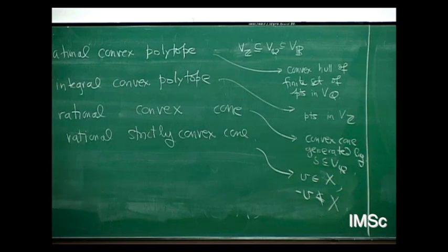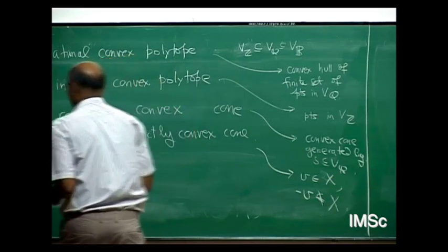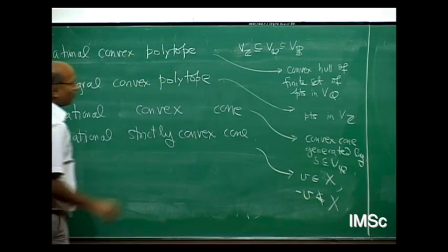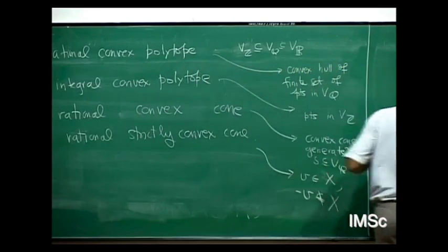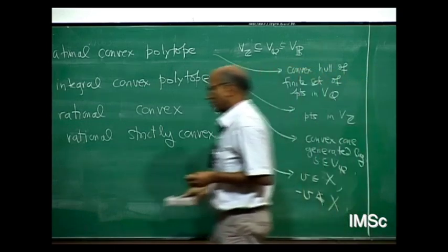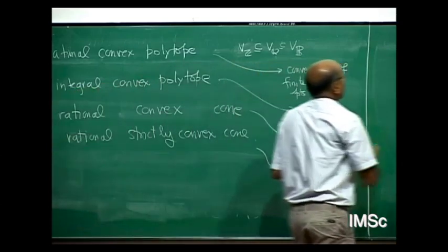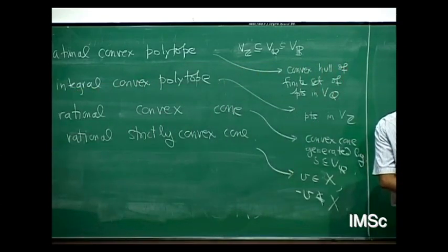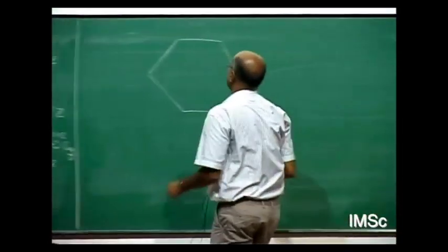All right, so once again, these are rather simple and perhaps well-known concepts, but anyway, I am a bit of a novice on this, and it is always good to keep a picture in mind. So a standard example of a convex polytope is just this.